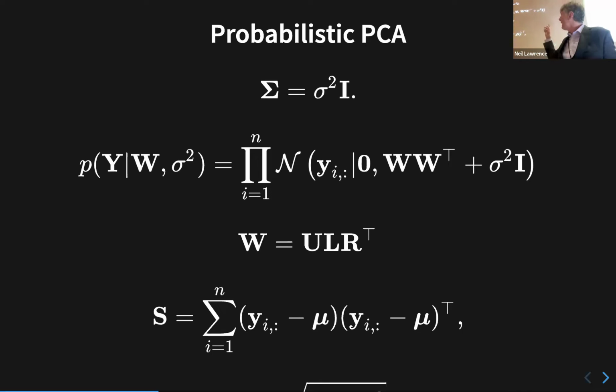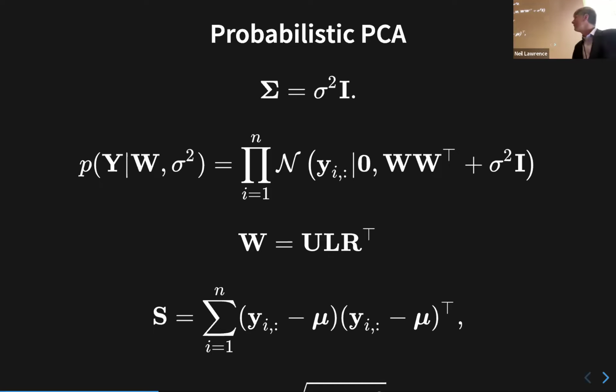But in this form here, we've got this low rank form W W transpose plus sigma squared I. And this form, it turns out if we fit this, the maximum likelihood solution for W, if we decompose W in this way here, turns out to be, again, the eigen decomposition of the covariance matrix. Yeah?